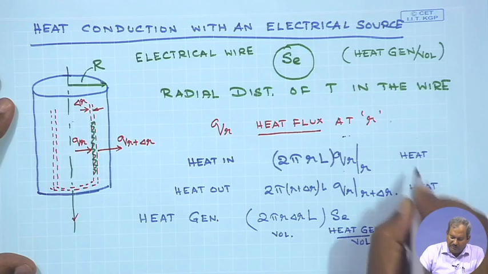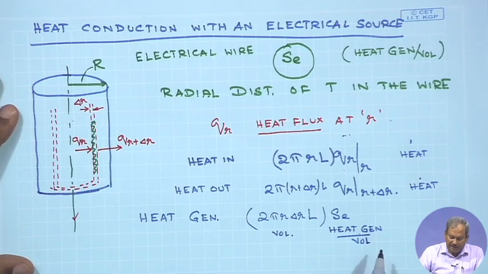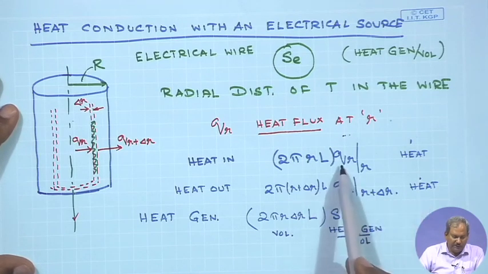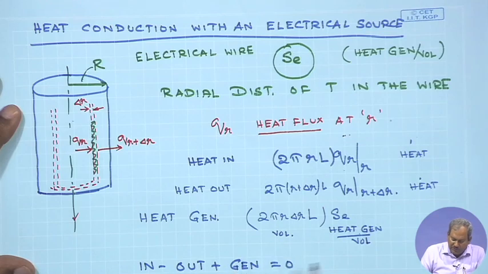These are rates of heat coming in, rates of heat going out, and rates of heat which are generated in here. So, what you do is you write this equation, in minus out plus generation is equal to 0 at steady state.